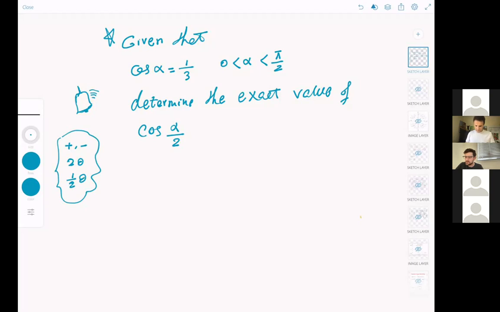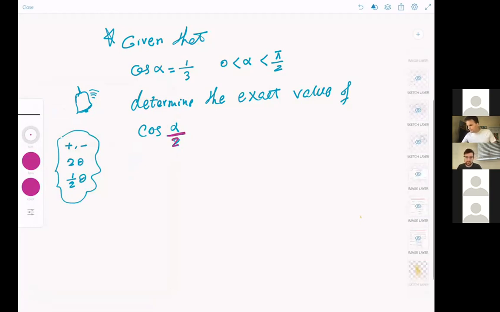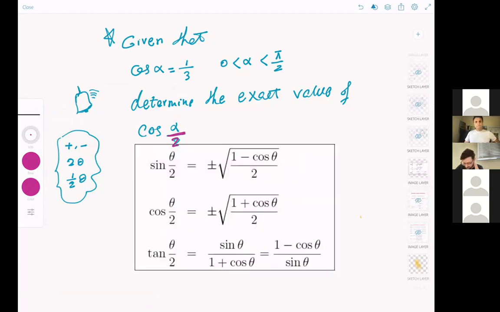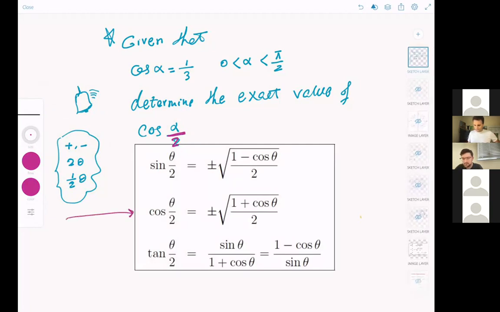Halving. Very good. This is referring to halving. You go to your half angle formula, which is right here. So cosine of alpha over 2, which is this one. This is what we're looking for.